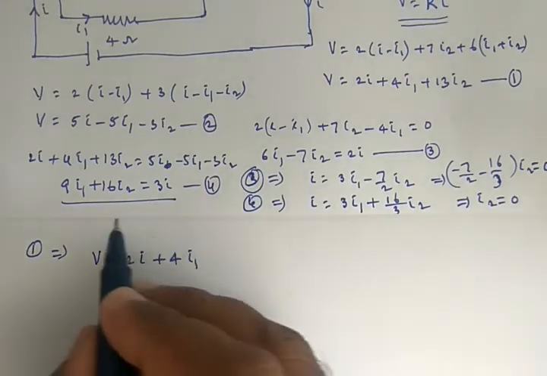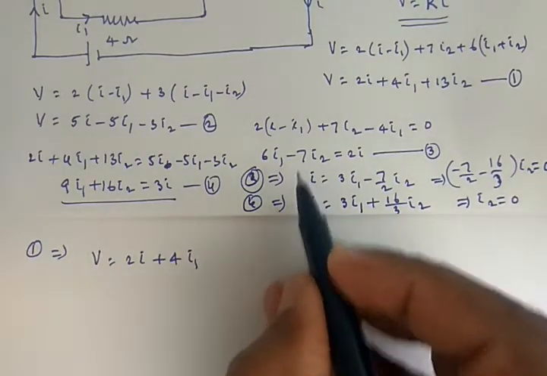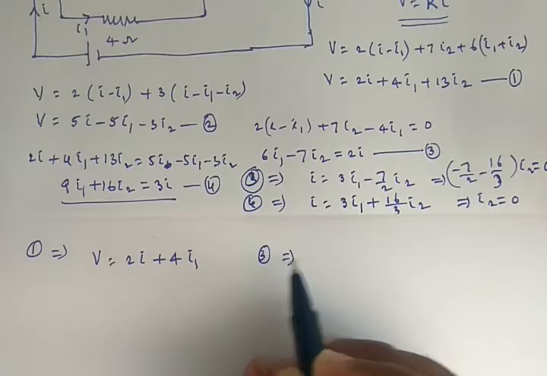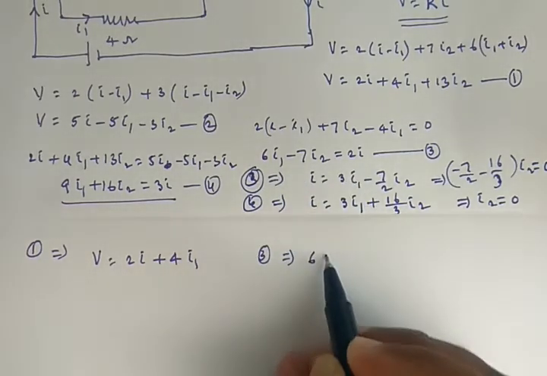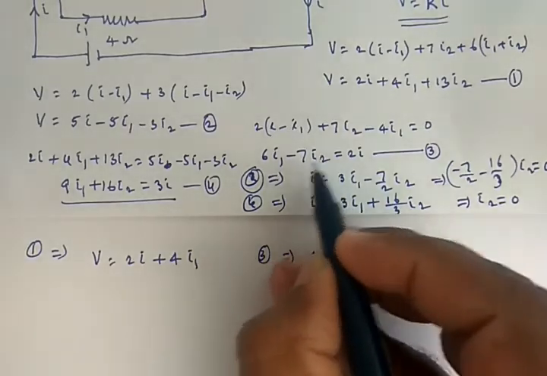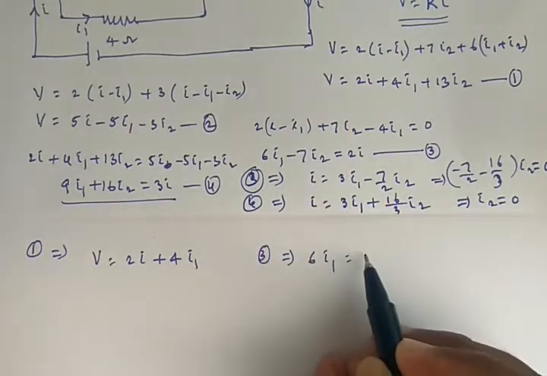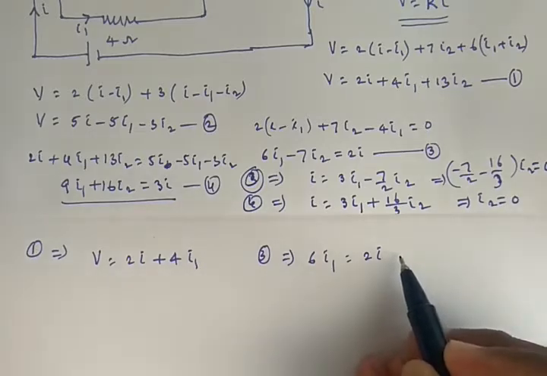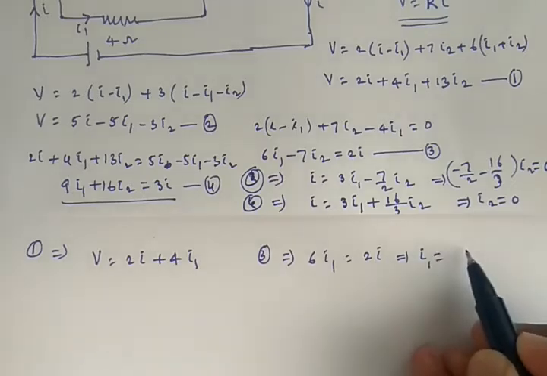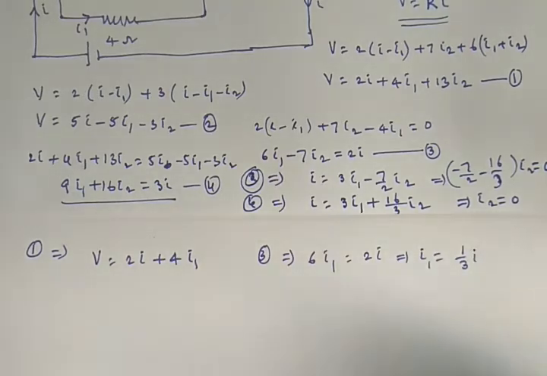Then let us take the third equation. From the third you can write 6i1, and this is 0, that equals 2i. So this implies I1 equals 1 by 3i.